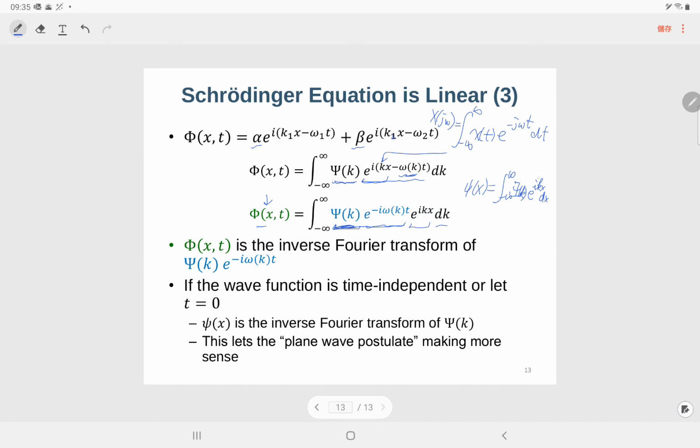It doesn't really matter whether we have a minus sign there, because it's just like you flip the axis. It's not so important there. So it's just like the Fourier transform pair. So that's it for this one.